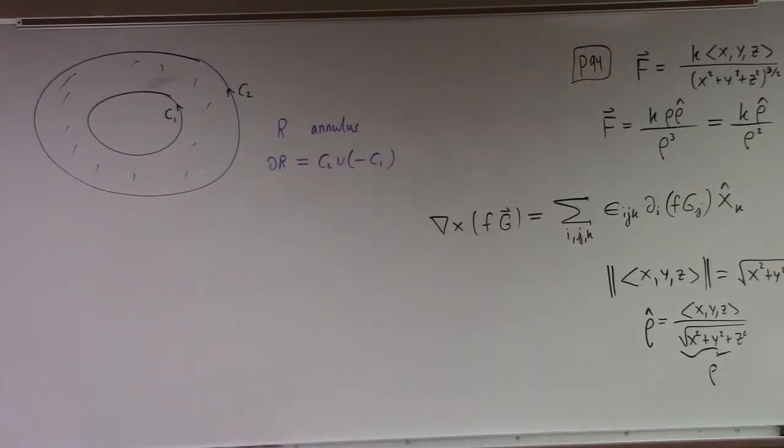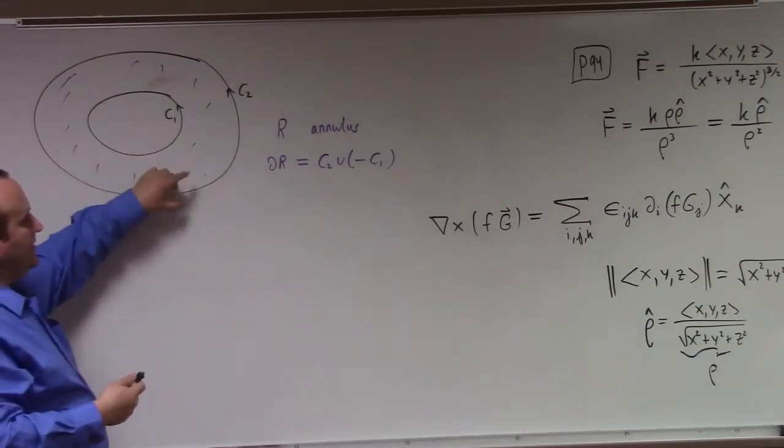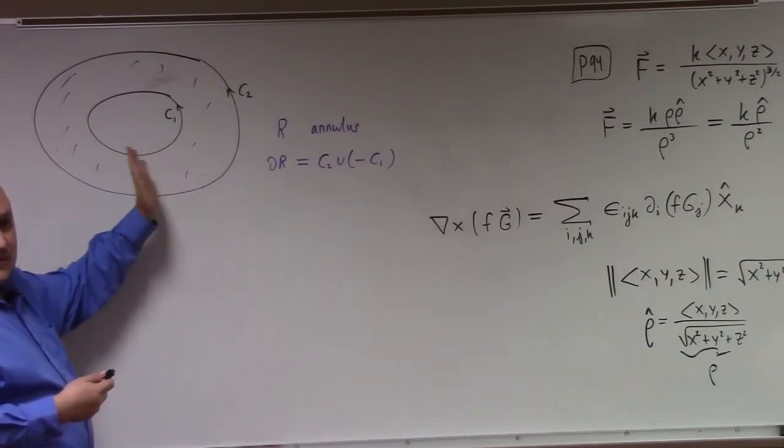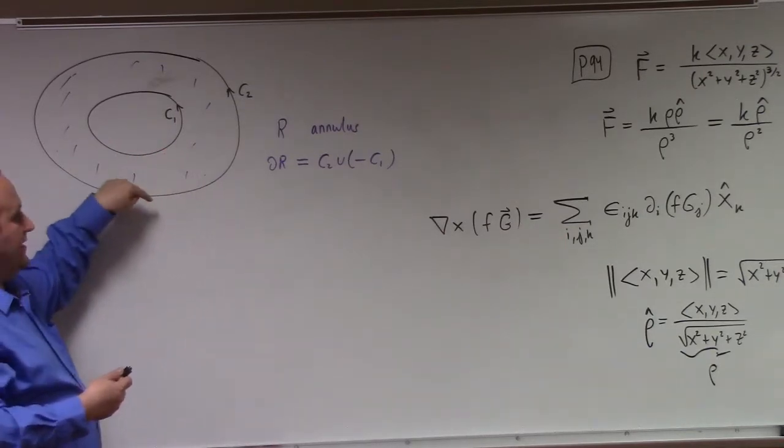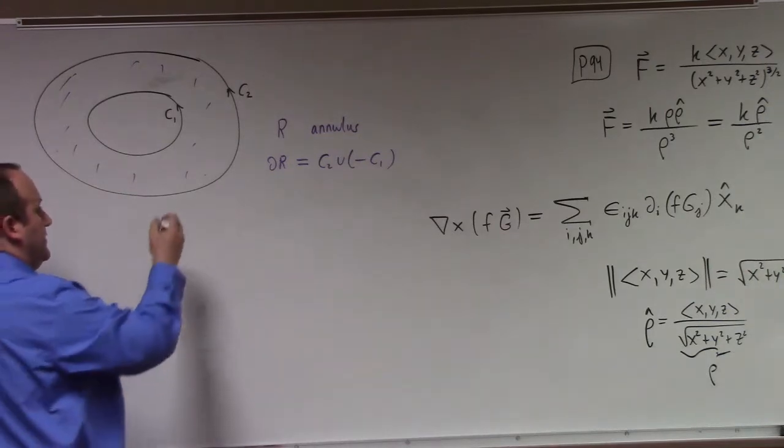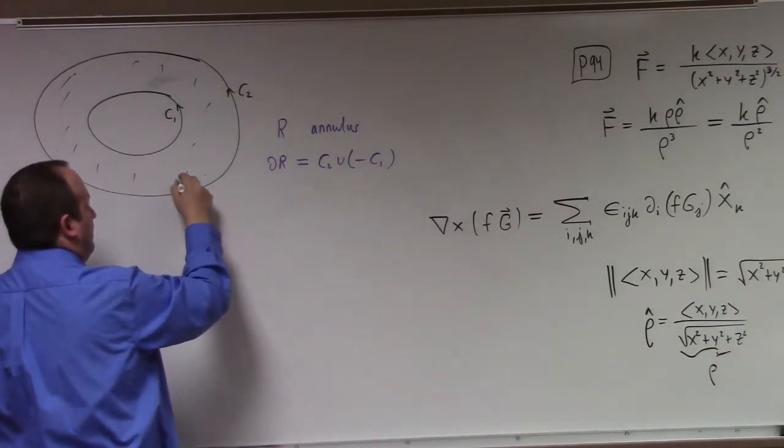Minus the C1 curve is actually clockwise oriented. That's what I need, technically, to be the positively oriented boundary of the region. That's the definition of boundary R, actually. Like I told you, imagine yourself walking along the edge. It should be on your left if you're going in the positively oriented way. So we walk counterclockwise around the outer edge. You look to your left. What do you got?